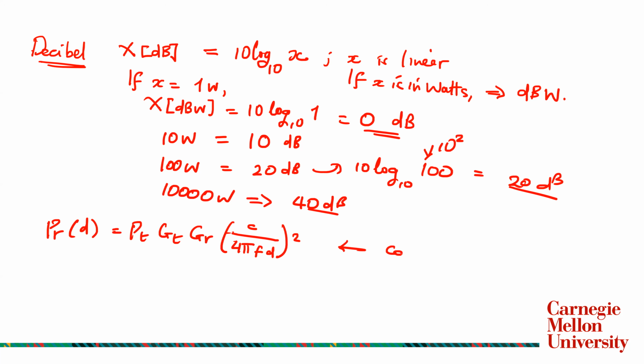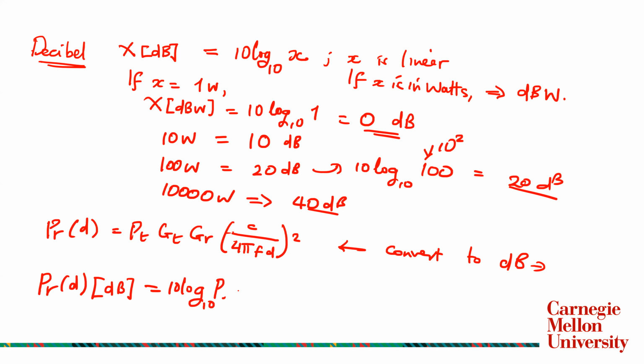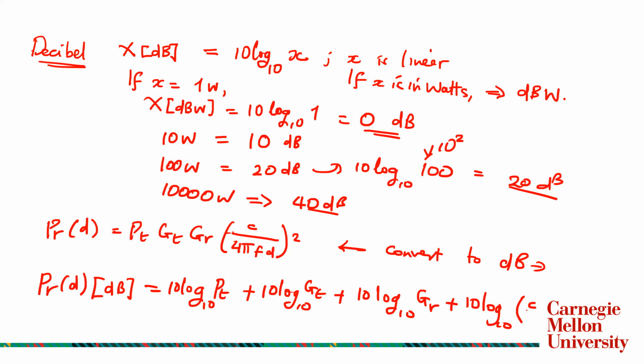If I convert this to dB, it means that I'm going to have 10 log 10 of PR(D), in dB, is 10 log 10 of that, which is 10 log 10 of PT plus 10 log 10 of GT plus 10 log 10 of GR plus 10 log 10 of that term, C over 4 pi FD squared.